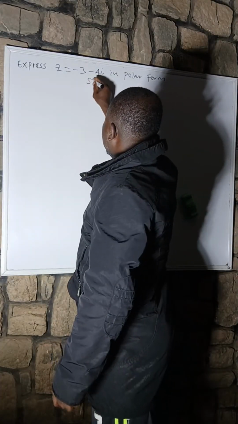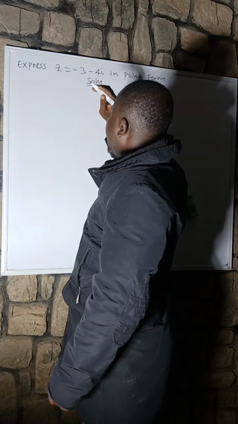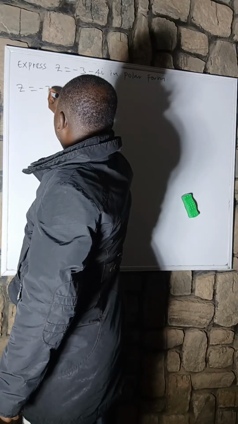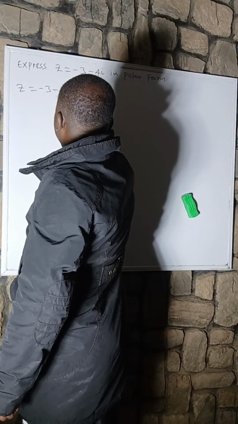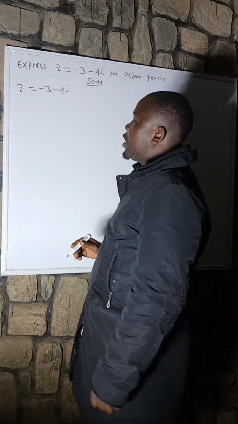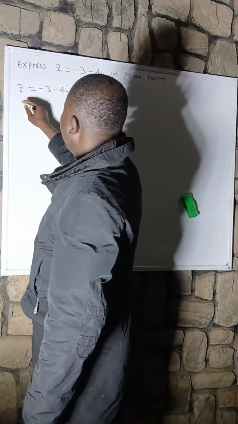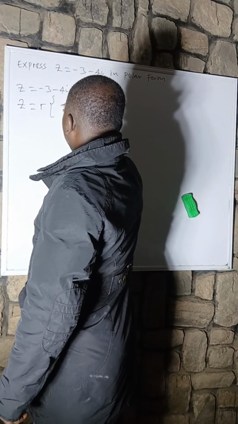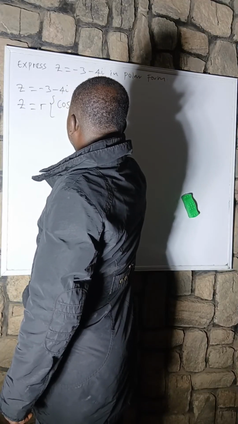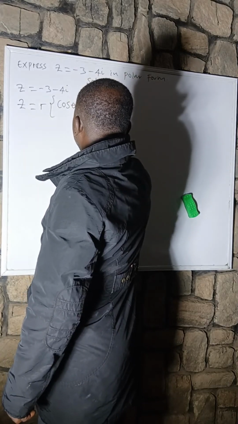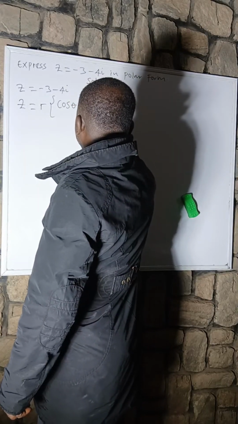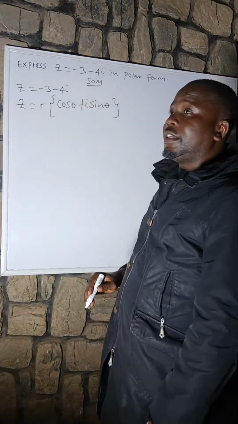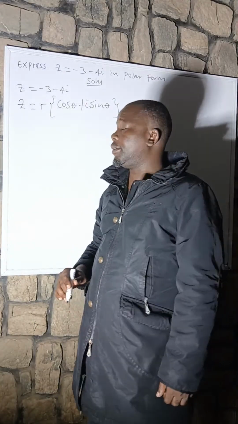First, let's write the solution. Our z is equal to minus 3 minus 4i. But mind you, polar form is always z equals r, open bracket, cos theta plus i sin theta. Is that clear?